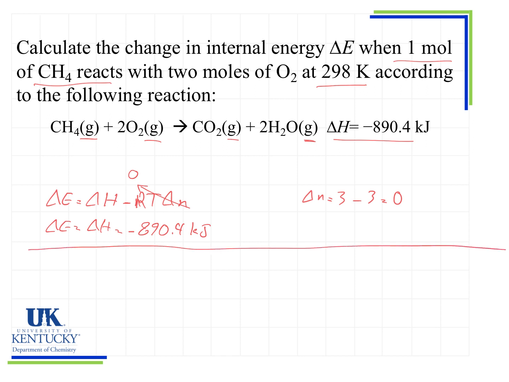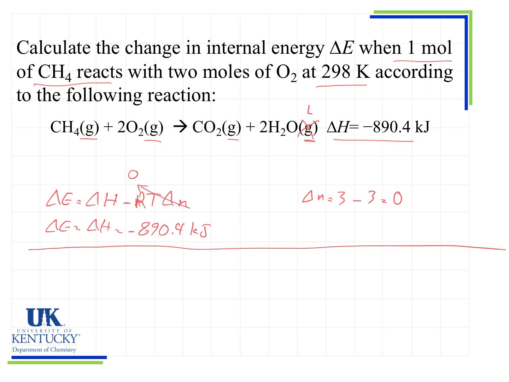Let me draw a line here. For this question, that would be the answer, and delta E would be negative 890.4 kilojoule. But let's assume that we have liquid water, not gas phase, not steam. In that case, what is the delta E?